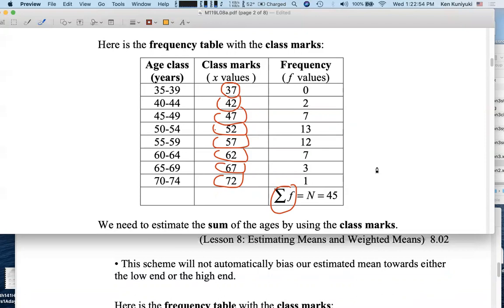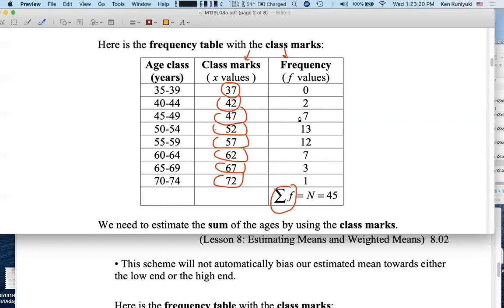Okay, so how do we go about estimating the sum of the 45 ages using these class marks and these corresponding frequencies? Well, there were no ages in this lowest class. There were 2 ages in this next class. Again, we're assuming that these 2 ages were 42 years, or they averaged to 42 years.